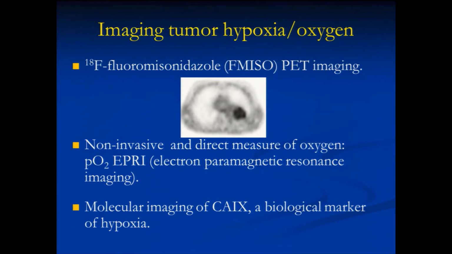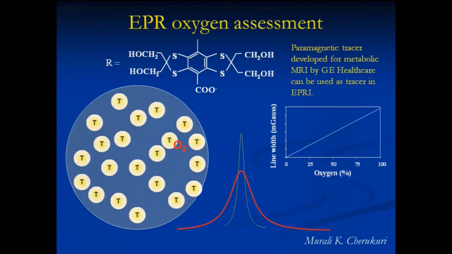But until recently, there hasn't been a way to directly measure oxygen in tumors other than by inserting a probe very invasively. Now a group is doing oxygen EPRI, electron paramagnetic resonance imaging, as a direct non-invasive measure of oxygen in vivo. Other groups are looking at biological markers of hypoxia, such as CA9, and developing molecular imaging probes that target these markers.